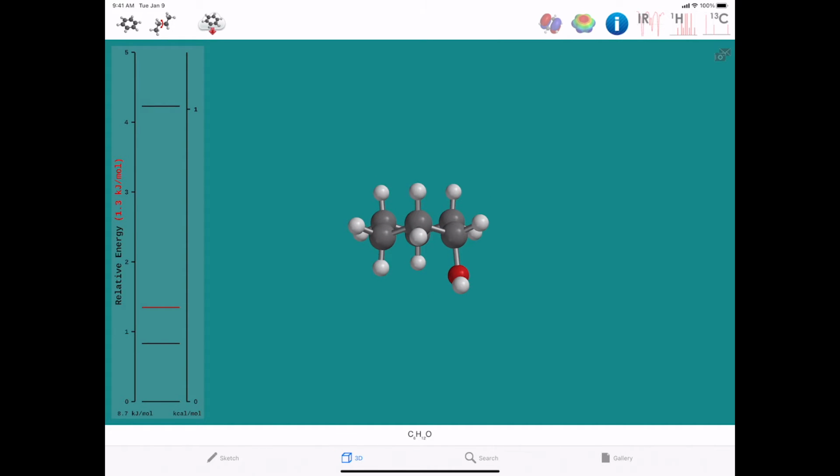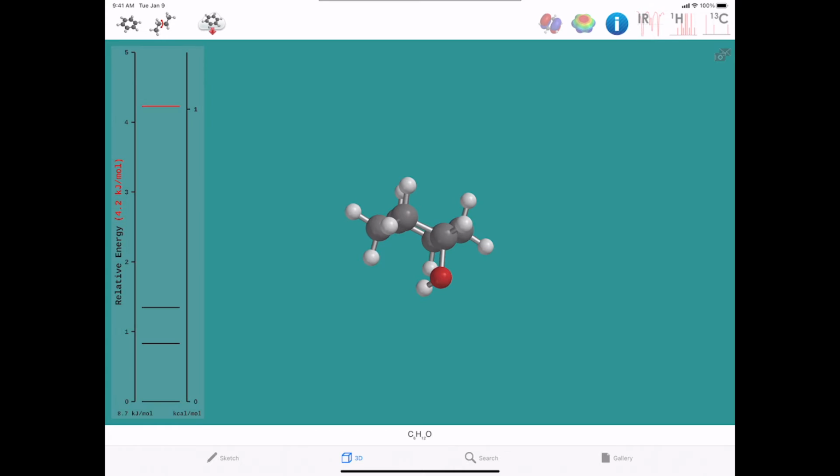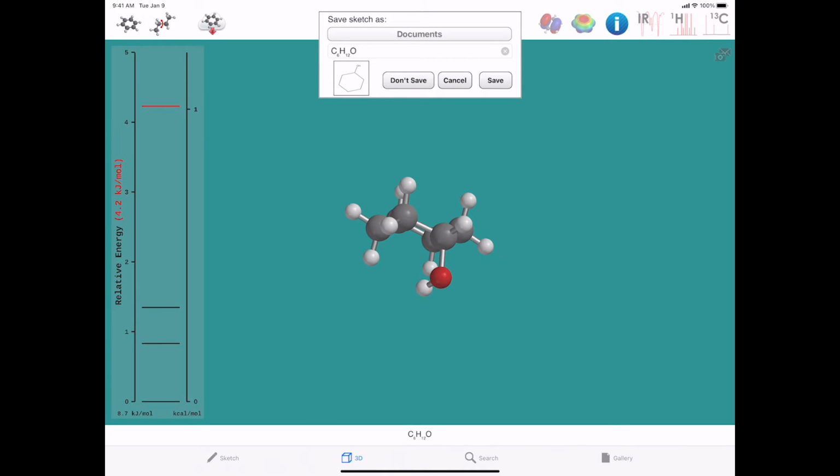But what you've got here is a conformation where the OH group is down equatorial, and then here, less than a kilocalorie per mole higher, you've got, well, it depends on whether you're comparing apples to apples, because it does actually matter where that OH group is.